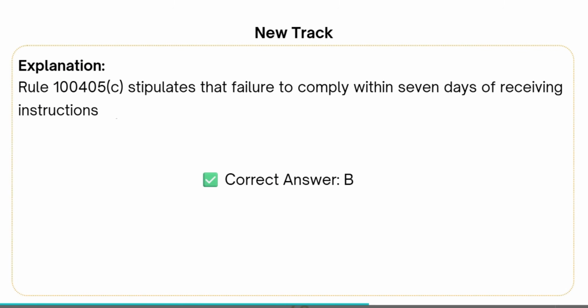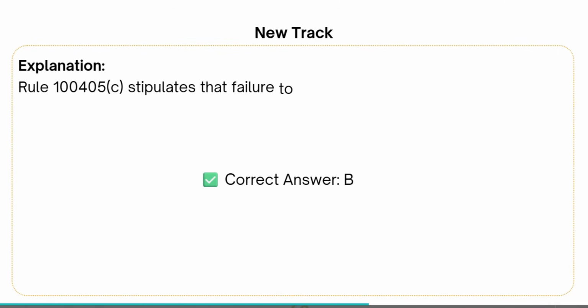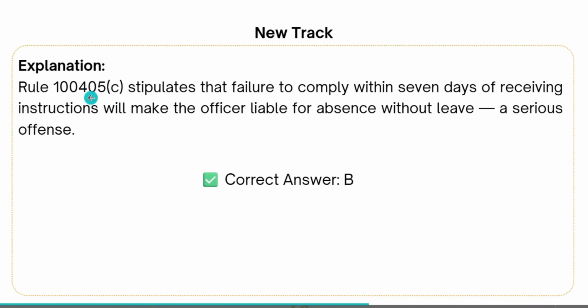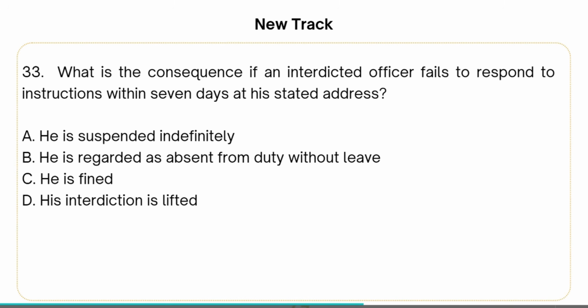The right option is option B. The rule in paragraph 5C stipulates that failure to comply within 7 days of receiving instructions will make the officer liable for absence without leave, and that is a serious offense. So the right option is option B.